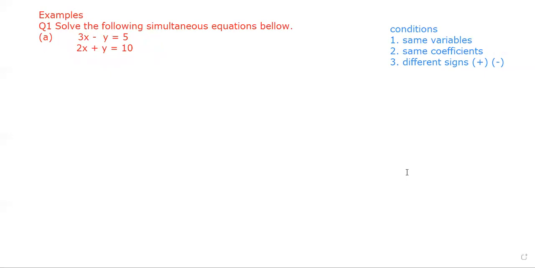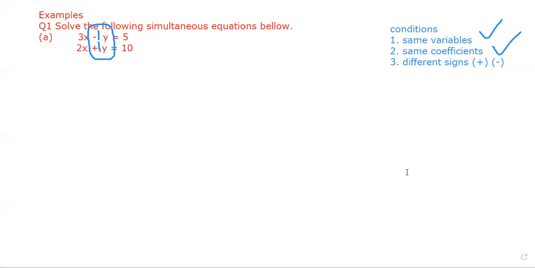For Y, the variable we have here is Y, so we have the same variable. What coefficient do we have? If you check nicely, the coefficient is 1 and the coefficient here is 1. So the coefficients also agree.